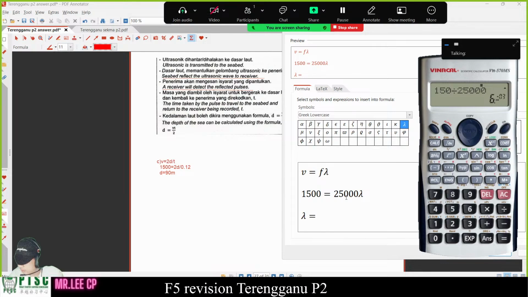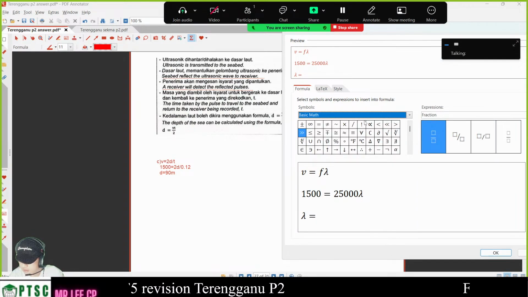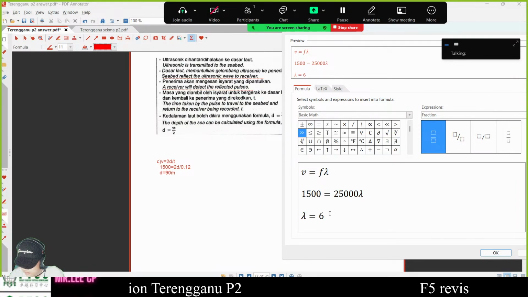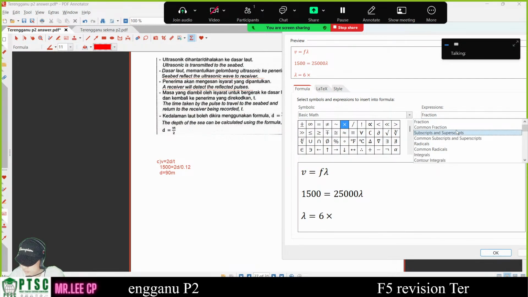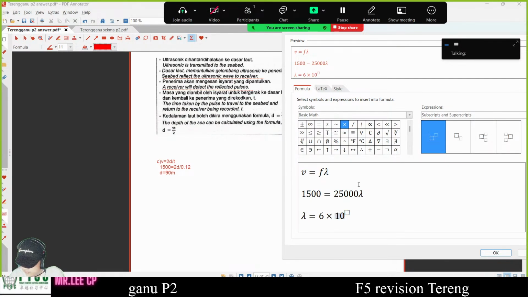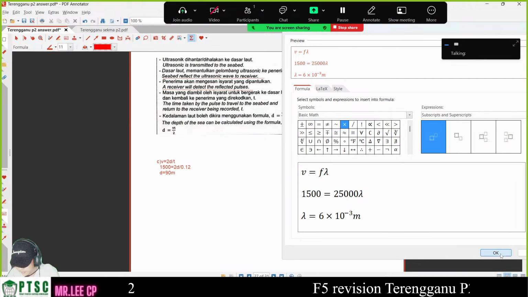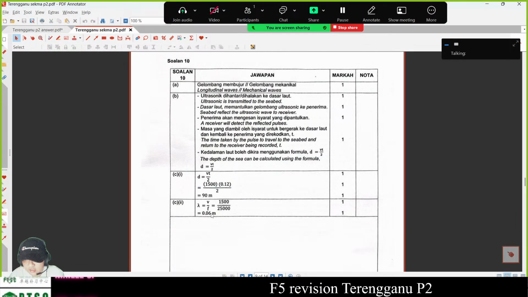Oh, very small. 6 times 10 to the negative 3 meter. 0.06 meter. Same. Alright.